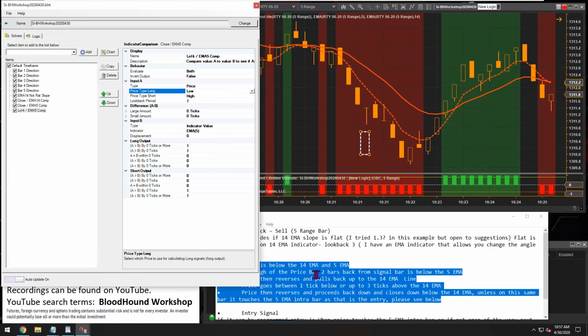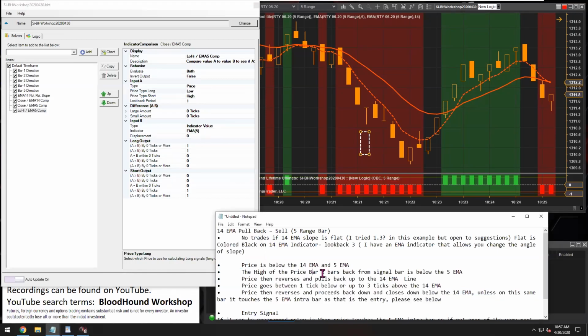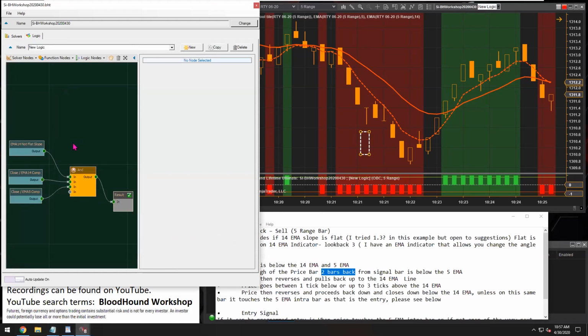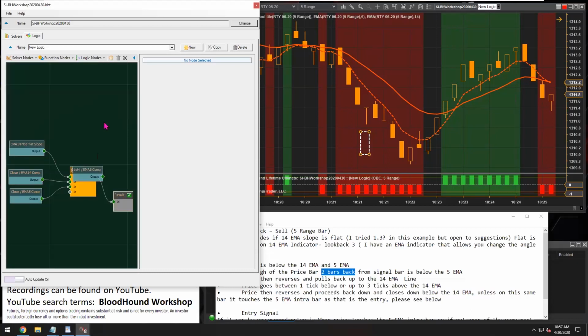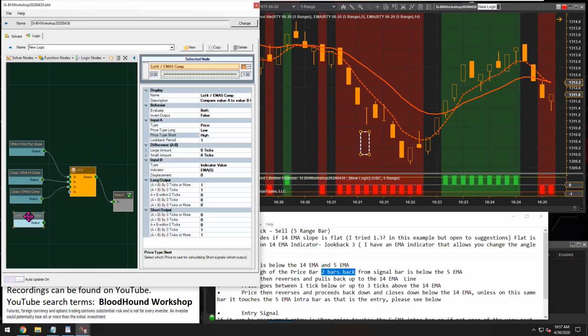And we want this to be 2 bars back. We'll get to that in just a moment. So let's go to our solver nodes, and there's our high-low compared to the EMA5. Plug that down here. We want this to be 2 bars back.